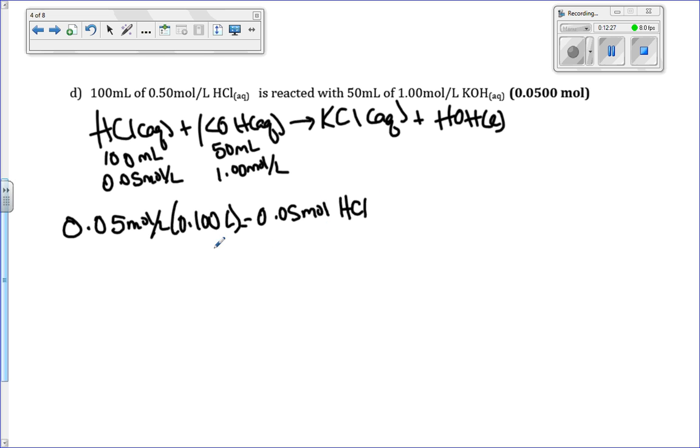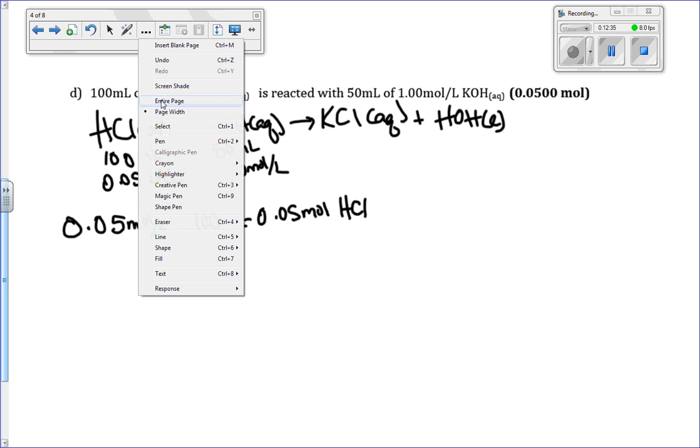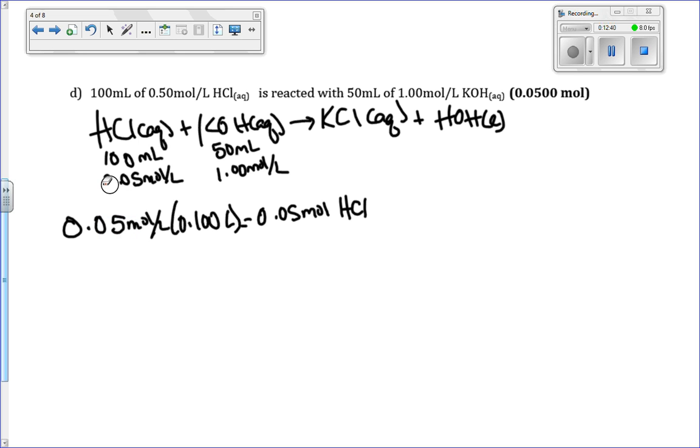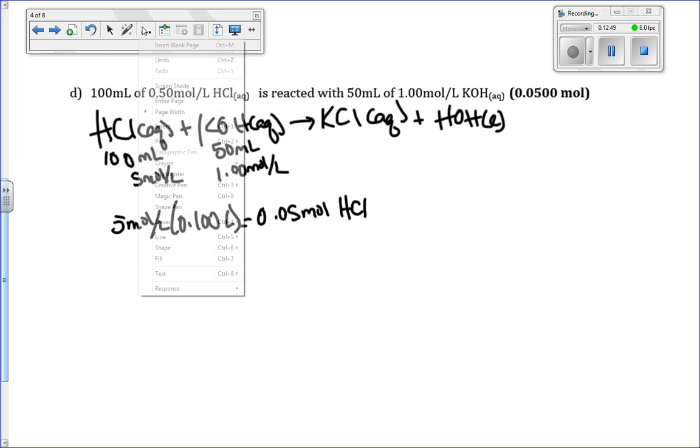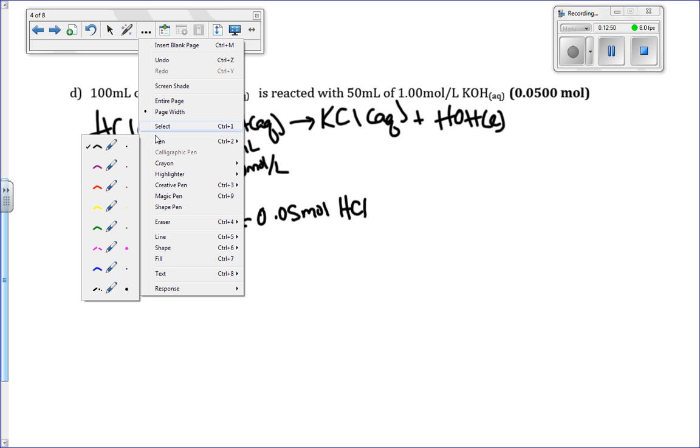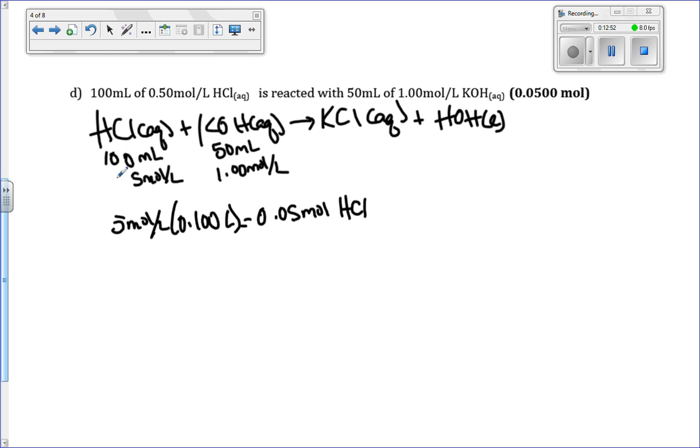So we've got 0.05 moles of, this should be, would help if I put the right information down. 0.5.